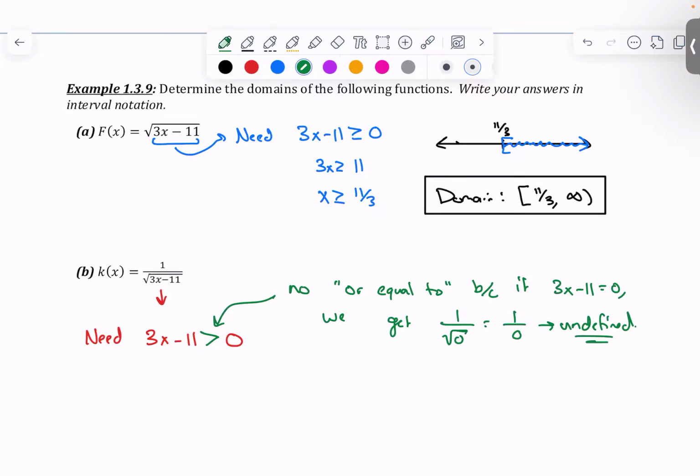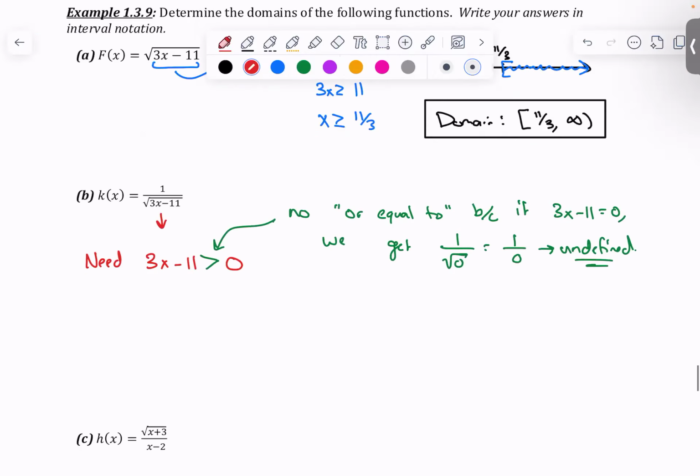So it's a combination of the two things. It's in the denominator, so it can't equal 0, and it's inside the radical, so it has to be greater than or equal to 0. But we just said it can't be equal to 0, so that's why it's only strictly greater than and not greater than or equal to. The inequality gets solved the exact same way. We get x is greater than 11/3.